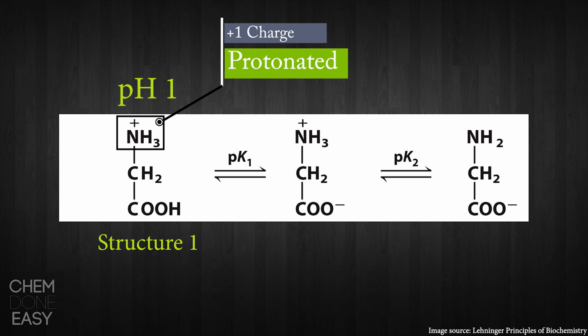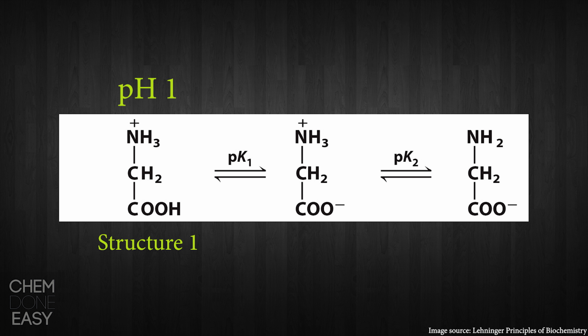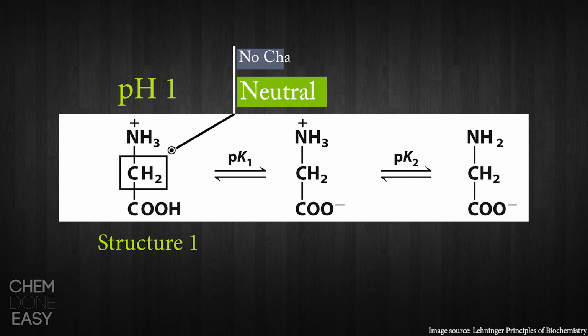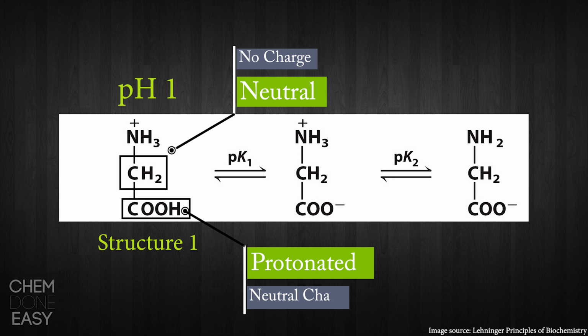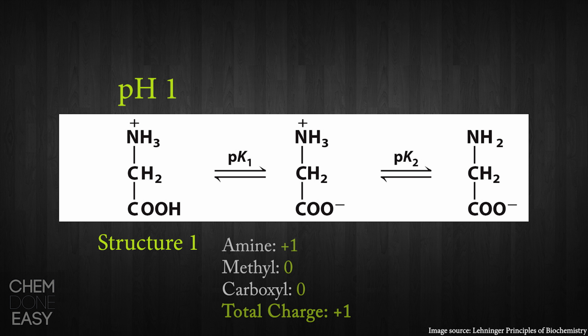So our overall charge thus far is +1. Our methyl group just below is neutral in charge, and so is our carboxyl group. Therefore, the overall charge of our glycine molecule is +1. This is the structure of glycine in a low pH environment.